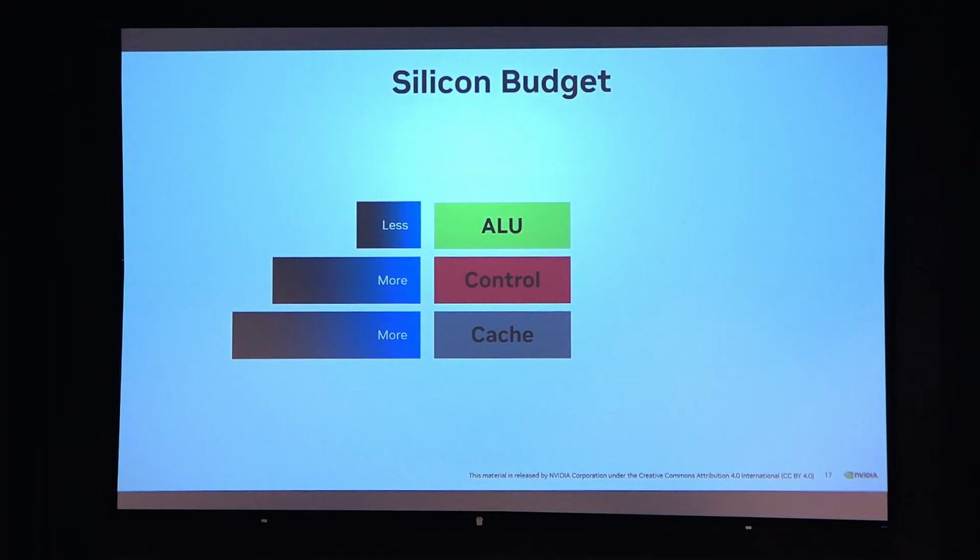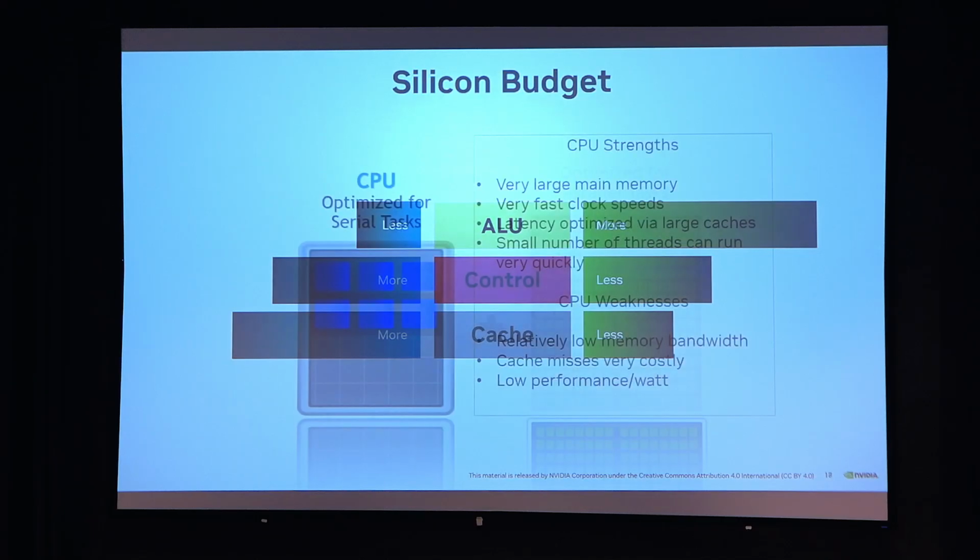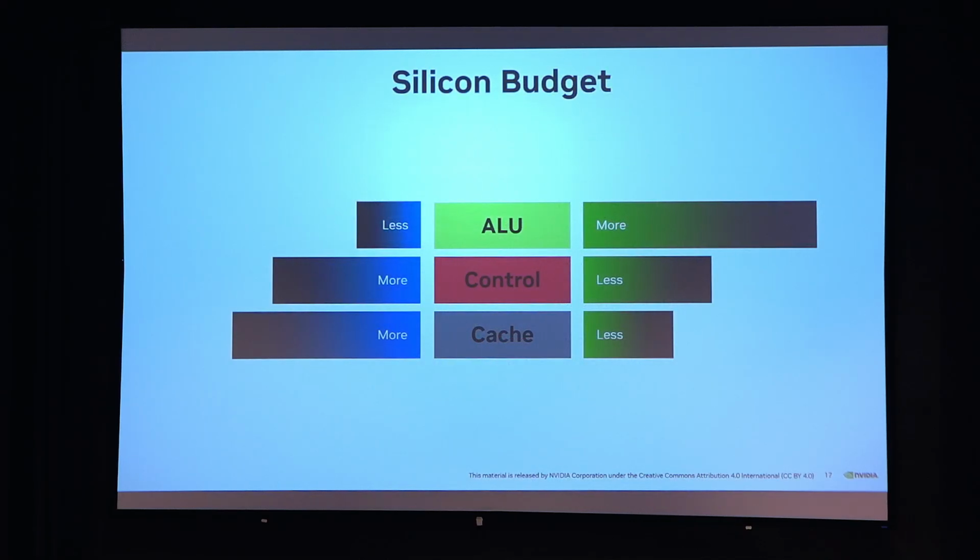Just repeating what we recently discussed: in the CPU, there is a lesser number of ALUs, more control, and more cache. In the case of the GPU, you have a larger number of ALUs.